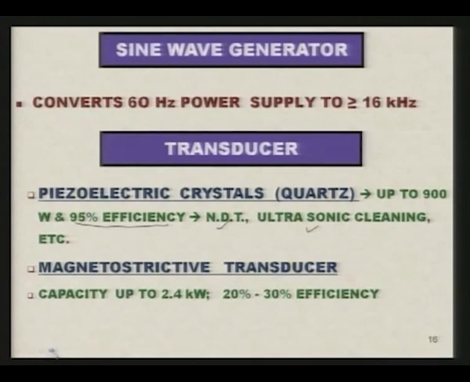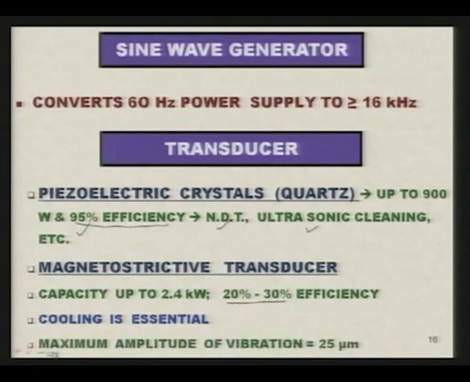They can have as high as 2.4 kilowatt, but their machining efficiency, as you can see here, is just 20 to 30%, while in case of piezoelectric type it is 95%. In case of magnetostrictive type transducer, you always require cooling. So, it becomes essential, and the maximum amplitude of vibration that you can obtain in case of magnetostrictive type transducer is 25 micrometer.